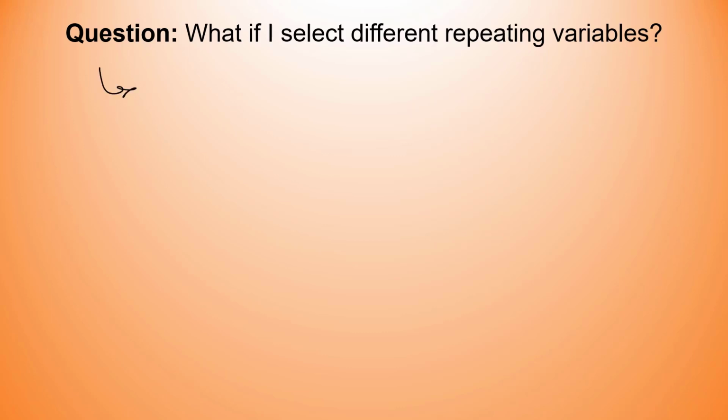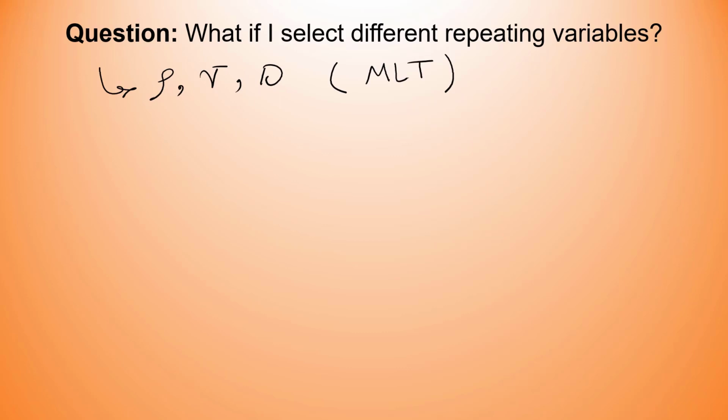So you remember that the repeating variables that we selected for our example were rho, v, and d, right? Why did we select these repeating variables? Because they collectively had all three M, L, T dimensions.